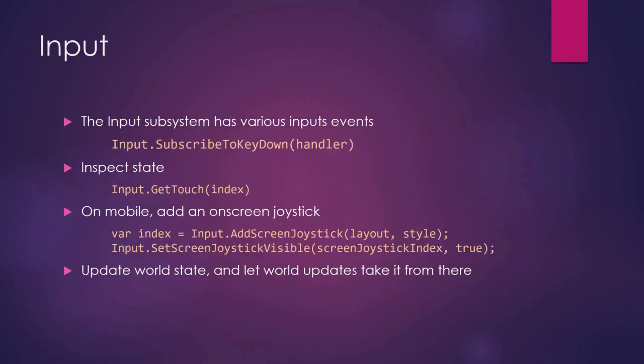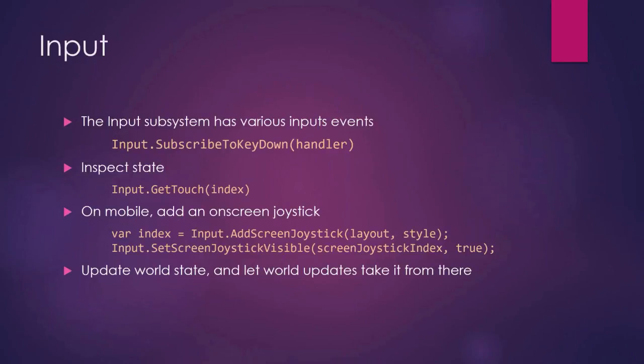Again, this is a property on your application. You can subscribe to various key events, for example, the key down event, and also at any point in your game code, you can inspect the current state. So you can inspect which keys are pressed down.